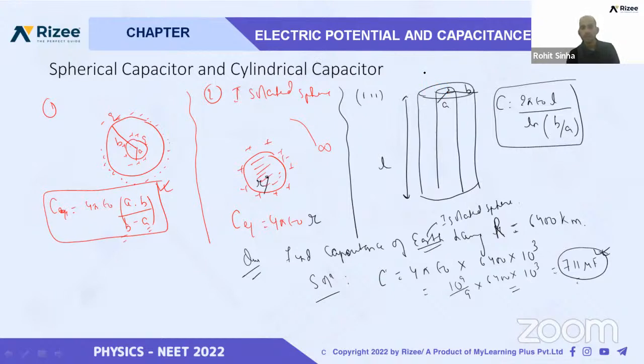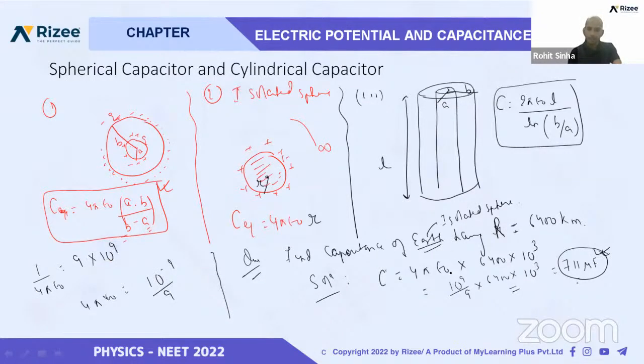So why did you put it? Okay. We know like this. We know 1 by 4 pi epsilon naught is equal to 9 into 10 to the power 9. Okay. That means 4 pi epsilon naught is equal to 10 to the power minus 9 by 9.